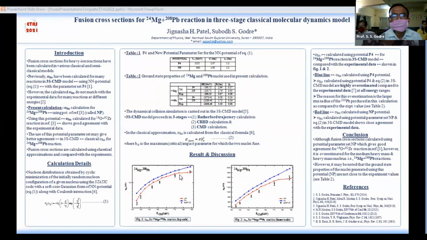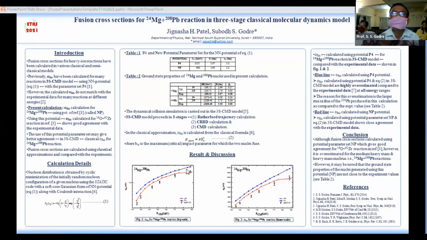Here, the blue line shows the fusion cross-section calculated using P4 potential parameter set, and the red line shows the fusion cross-section calculated using NP potential parameter set, and the blue dots are experimental data of reference 7. Now from the figure, it is clear that the fusion cross-section calculated using P4 potential parameter set are highly overestimated compared to all the experimental data at all energies.